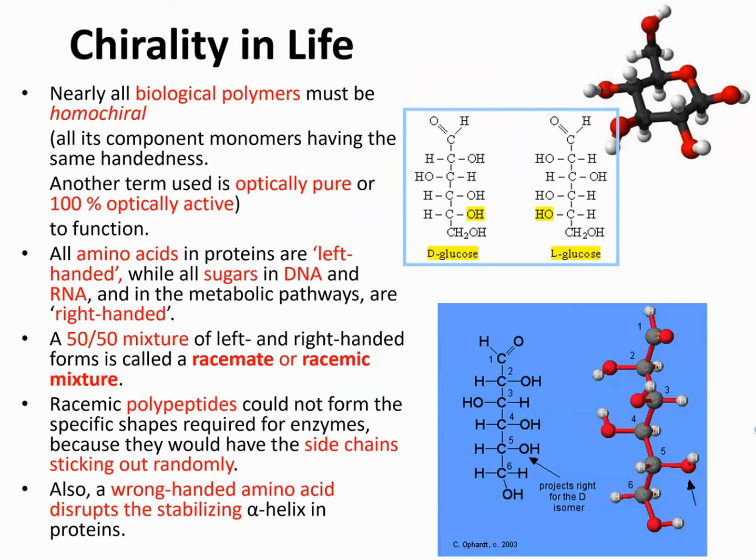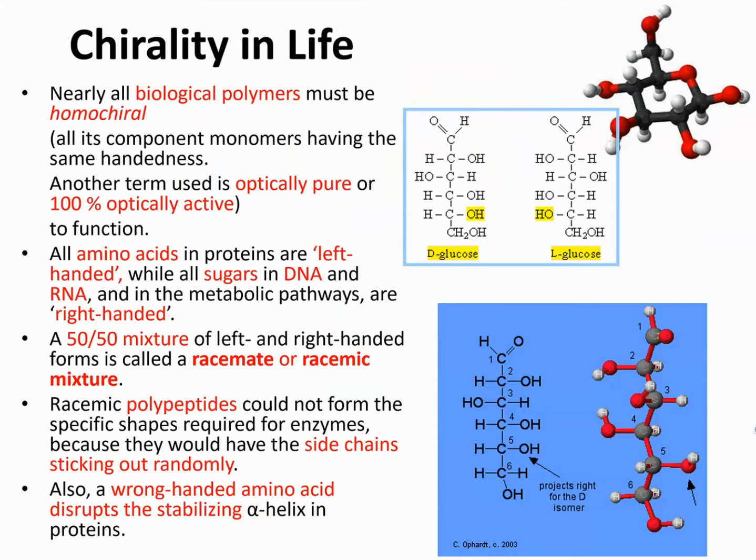That means that if the original atom or lattice point is left hand, then the rest of the atoms or lattice points in the particular sample are all left-handed. Okay, if the original one is right-handed, then the others are all right-handed. So another term that we use here is optically pure. Optically pure or 100% optically active to function.